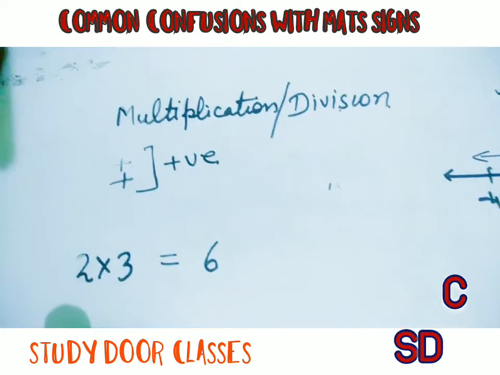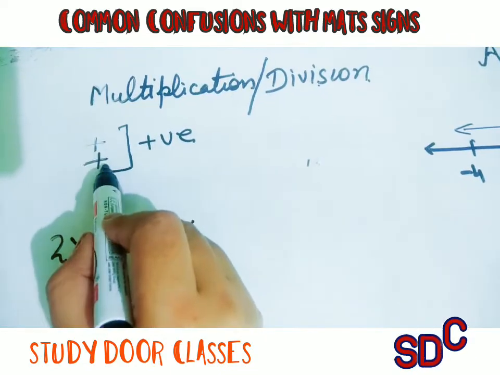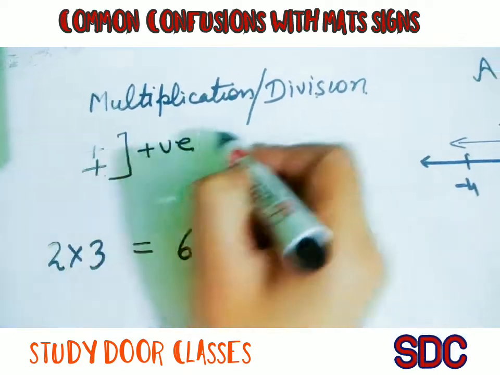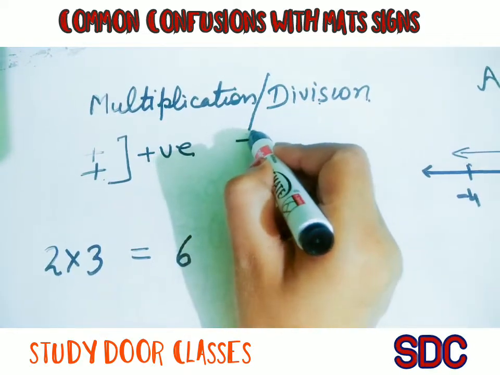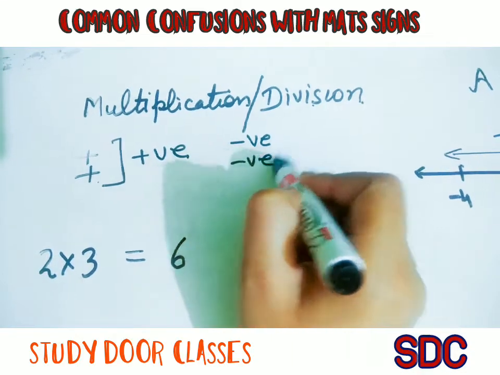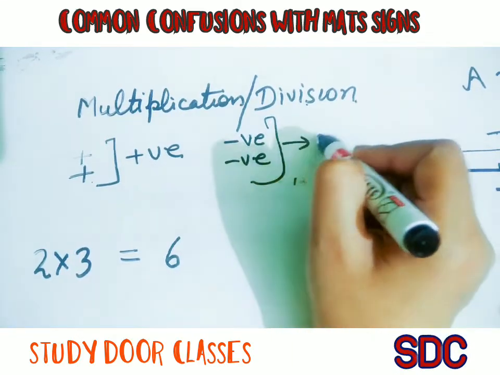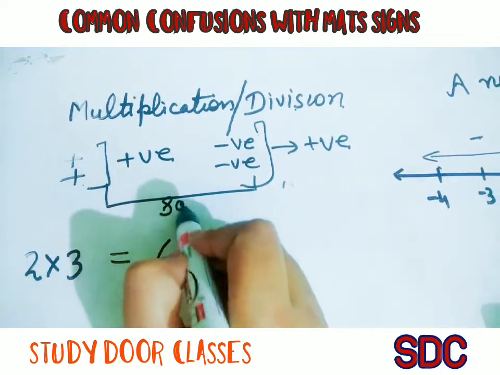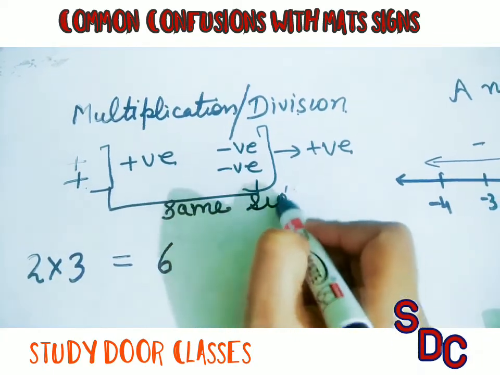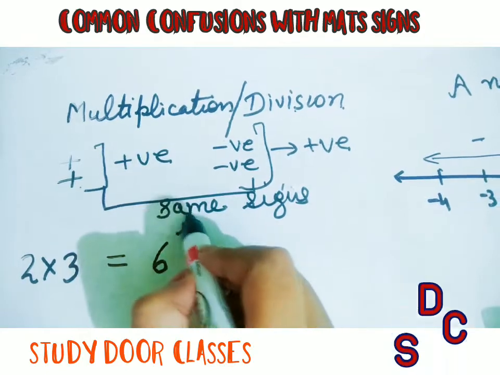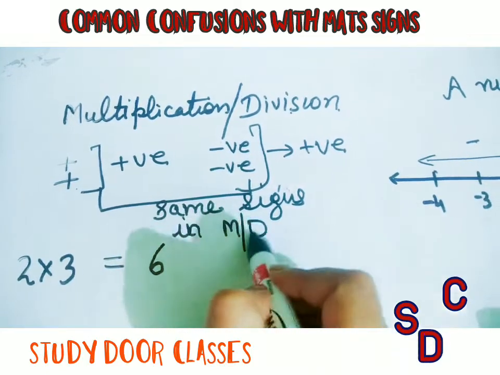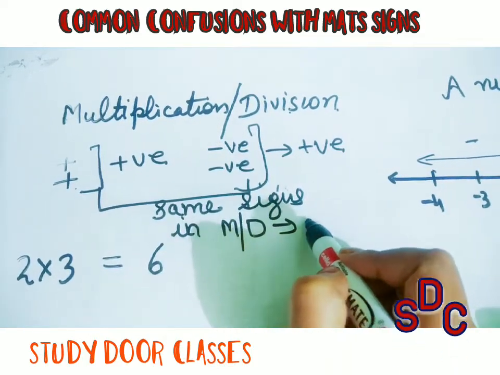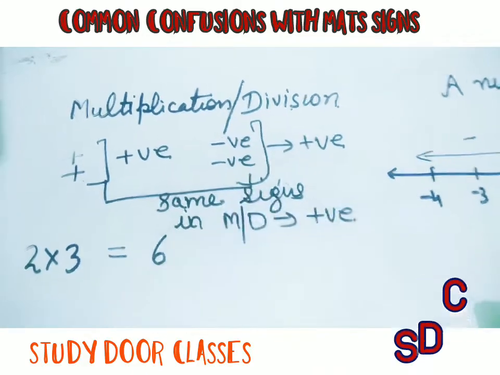If both signs are positive, or if both signs are negative, then the answer will always be positive. That means if the signs are the same in multiplication or division, the answer will be positive.